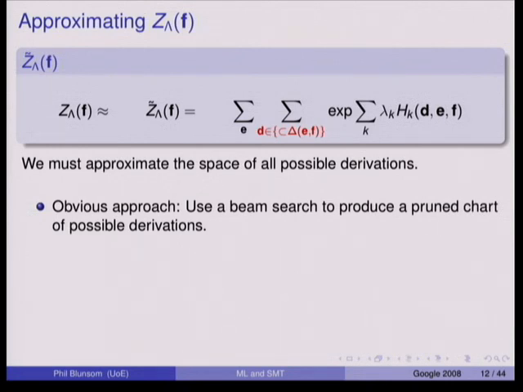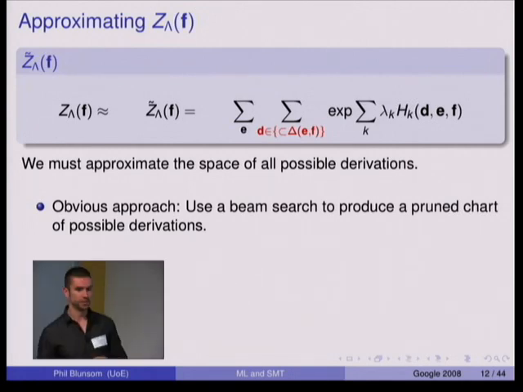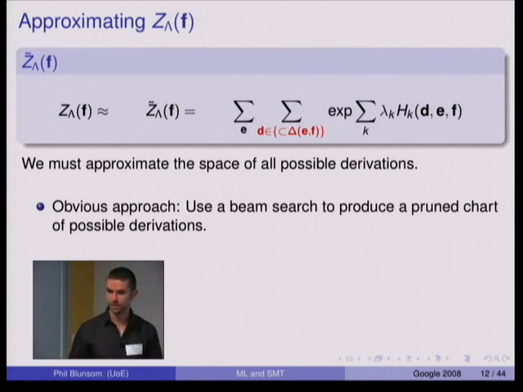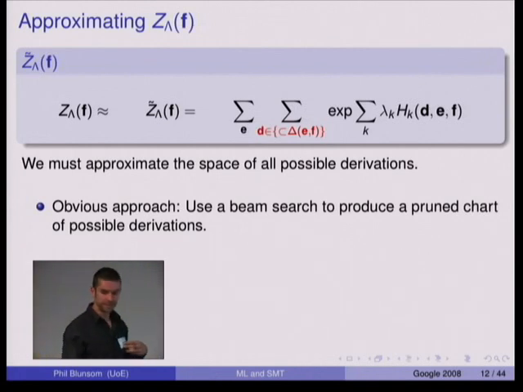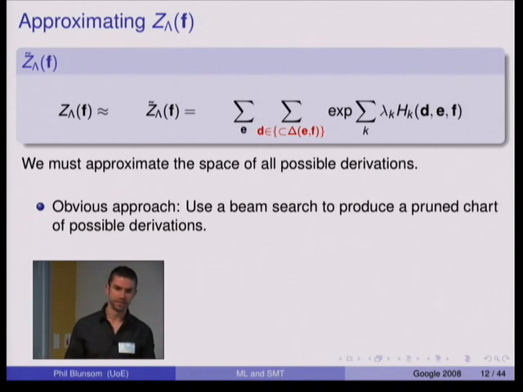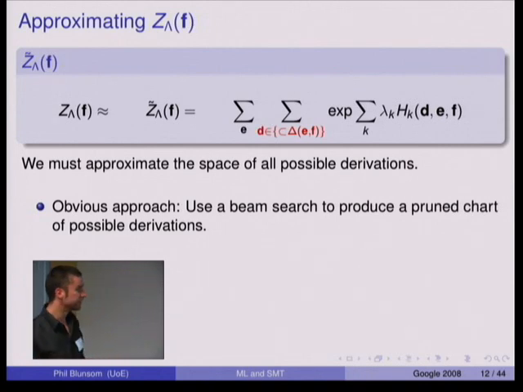Here I'm showing this in the equation by saying that we're going to approximate Z, the partition function, with Z tilde, and highlighted in red there, rather than summing over all the derivations, we're just going to sum over a subset. We need to calculate the partition function in order to train the model and to calculate the feature expectations that we need to calculate the gradient.